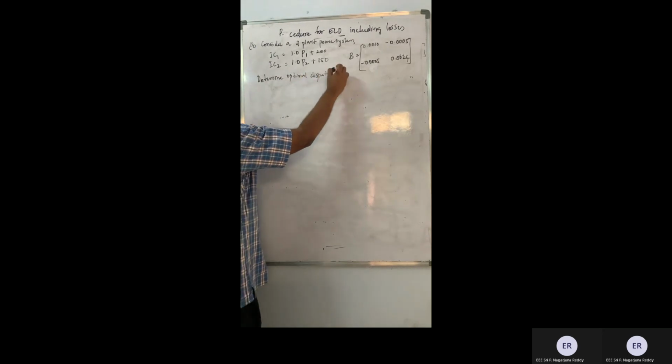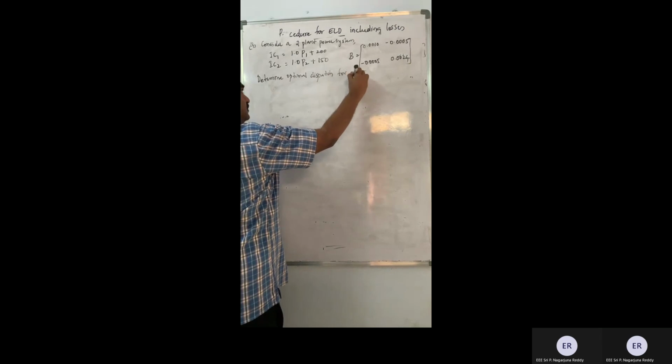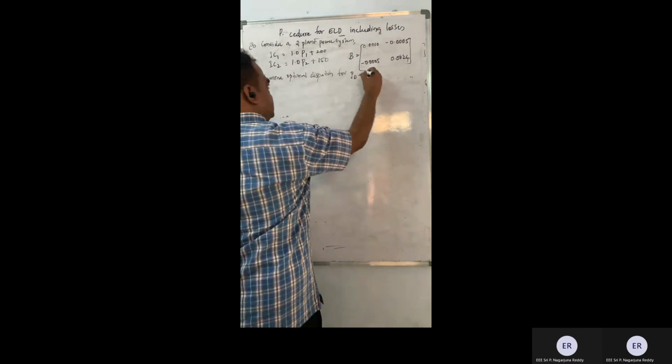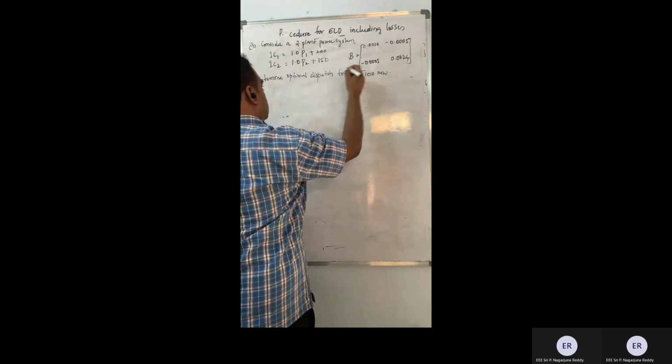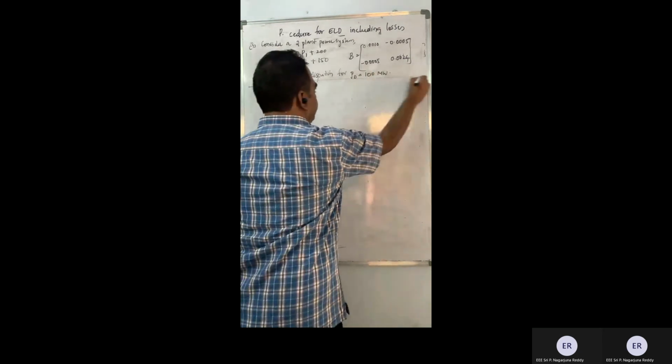So this is your loss coefficient matrix, and they say that you need to determine the optimal dispatch, where demand is equal to 100 megawatts. So this is the problem which has been given for you. The incremental costs have been given, the loss coefficients have been given, and the demand is also given.